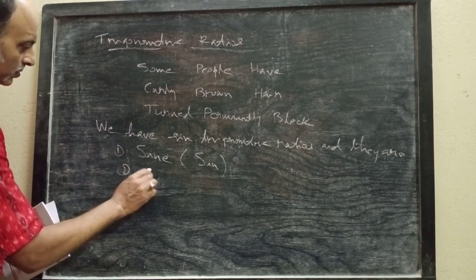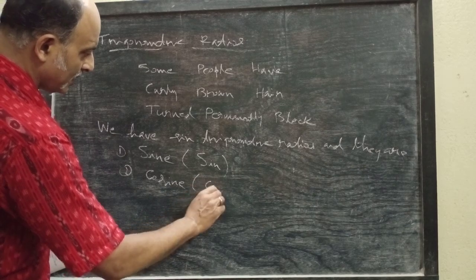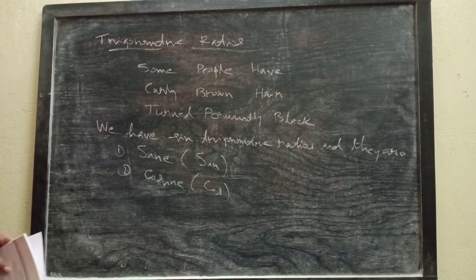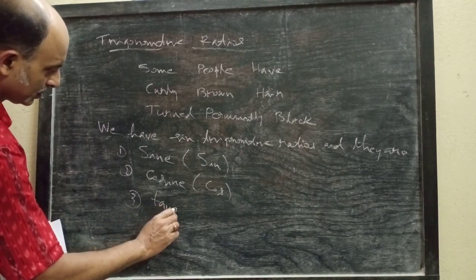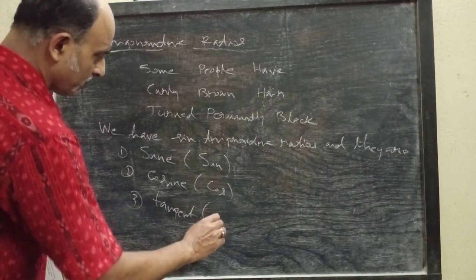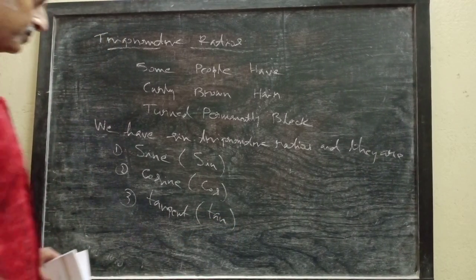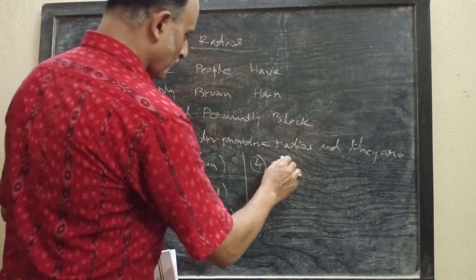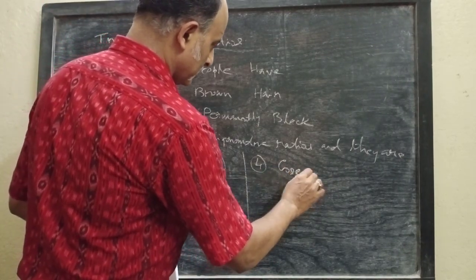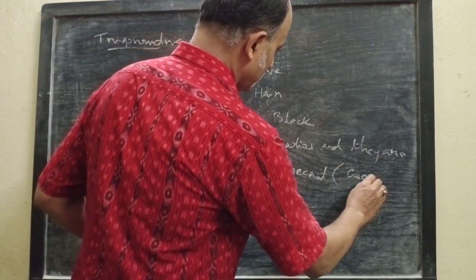Number 2, cosine, which we write as cos. Number 3, tangent, which we write as tan. Number 4, cosecant, which we write as cosec.